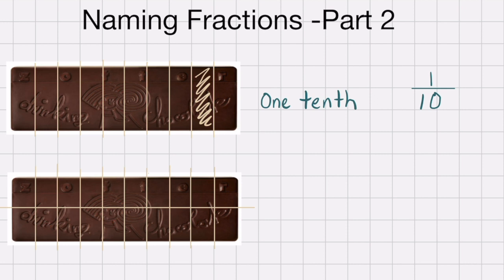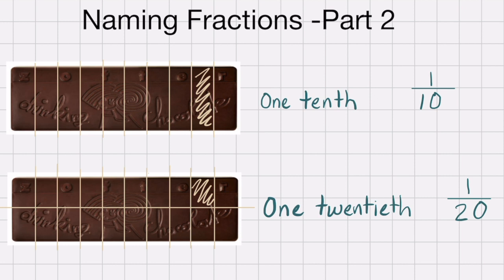And I can write that as 1/20. And in fraction notation, it's going to look like this. Once again, the number on the bottom tells me how many equal pieces we cut the whole into, and the number on the top tells us how many we've coloured in. So we've said 1, so I've got to colour in 1 of them. And it would look like that.